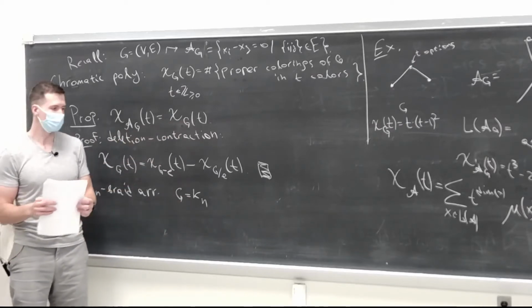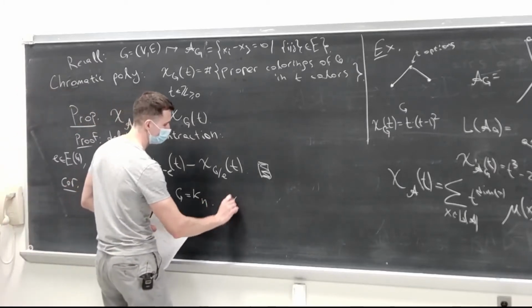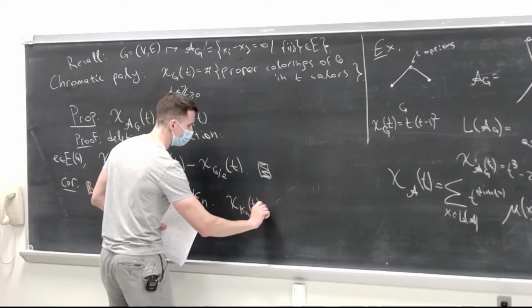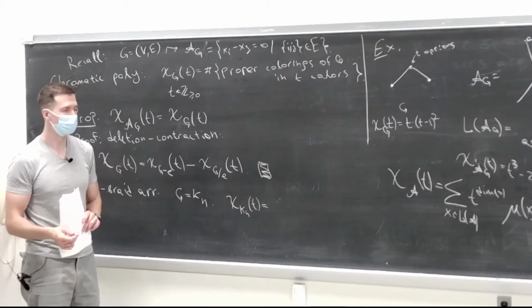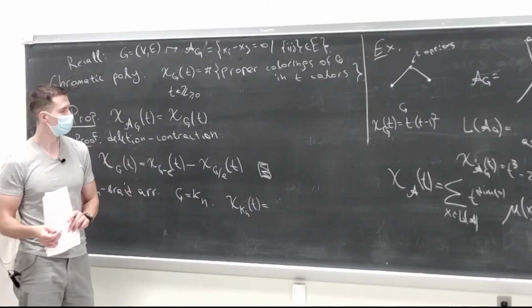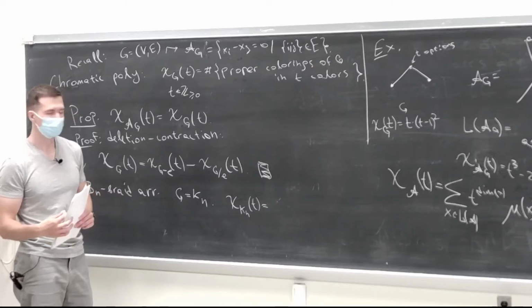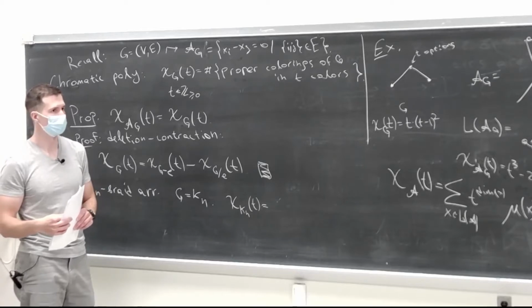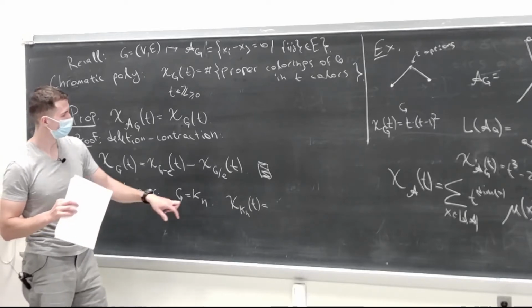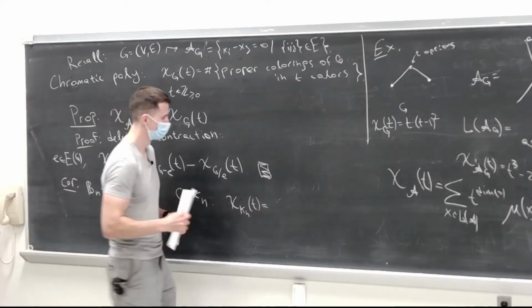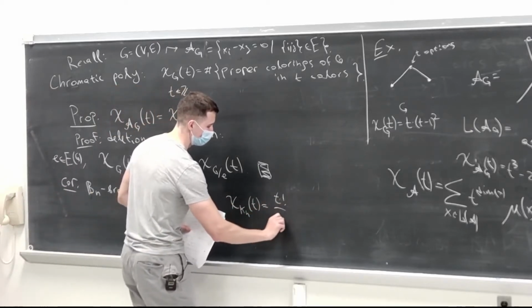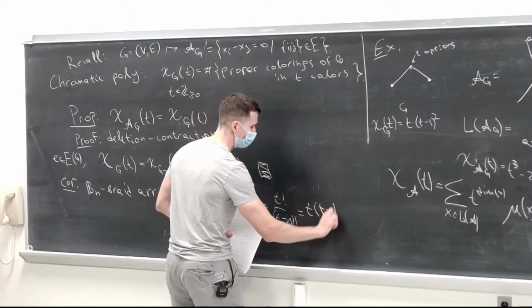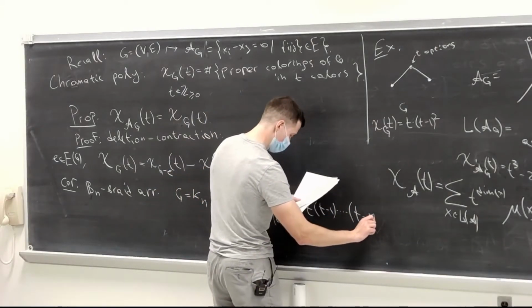What is the chromatic polynomial of the complete graph? n factorial, yeah, that's almost right. t factorial over (t minus n) factorial, which is just t times (t minus 1) up to (t minus n plus 1).